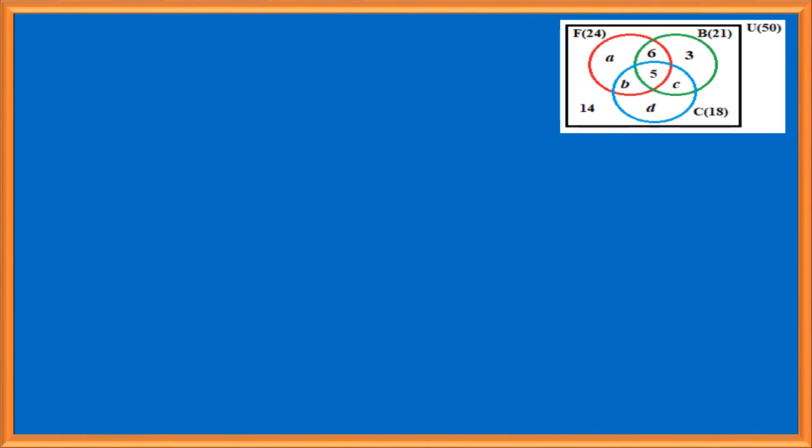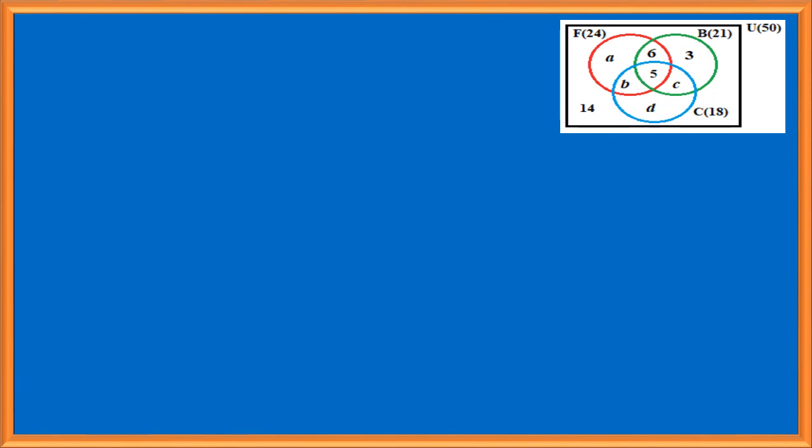For the Roman number 2 alpha, we were asked to find those who like football and cricket only, and that will represent B here. So to find the value of B, we have to first of all add all the components in the third circle.